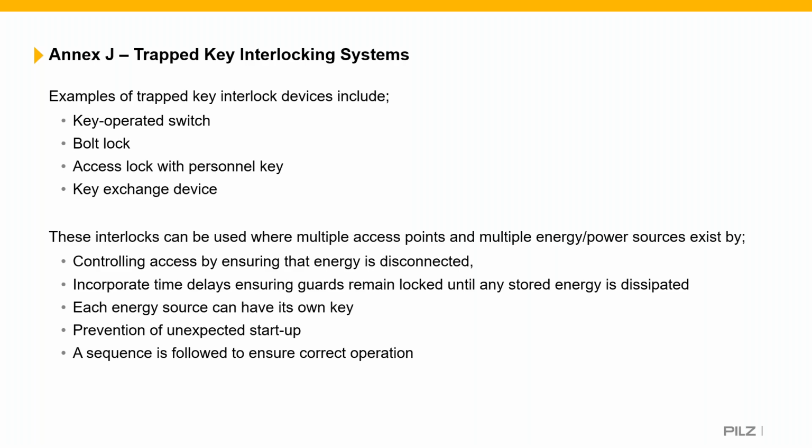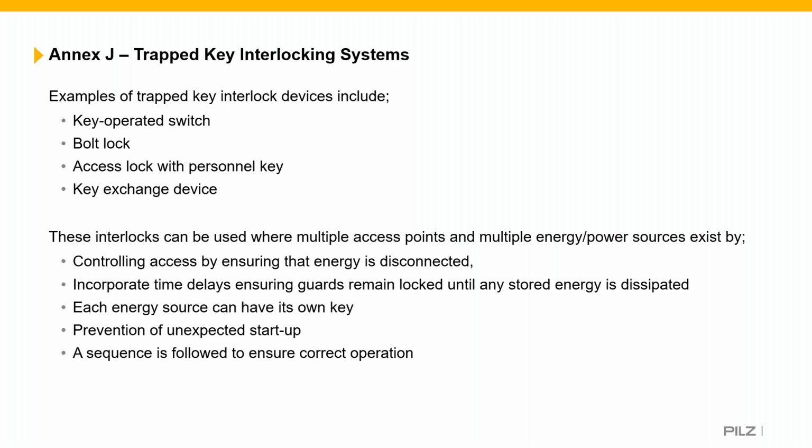There could be a simple key operated switch, it could be a bolt lock, it could be an access lock with some form of personnel keys, or it could be a key exchange system. So there could be a bank of keys, and depending upon which gate you want to access, you've got to go through a certain process to release the right key for the guard that you want to get into.